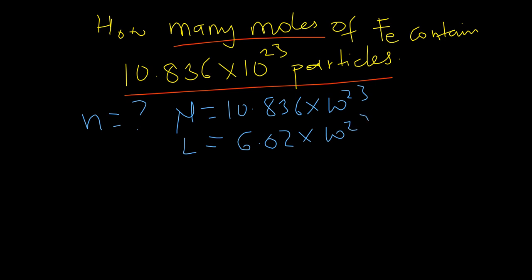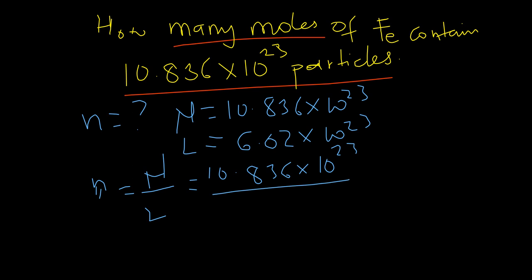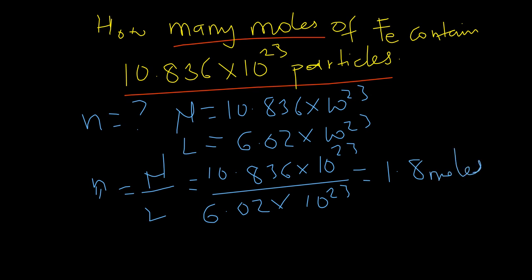To determine small n, the number of moles, it equals the big N, the number of particles, divided by the Avogadro's number. So that gives us 10.836 times 10 exponent 23, all divided by 6.02 times 10 exponent 23. When you solve the math, that gives us 1.8 moles of the ion. That's the answer. It is this moles of the ion.